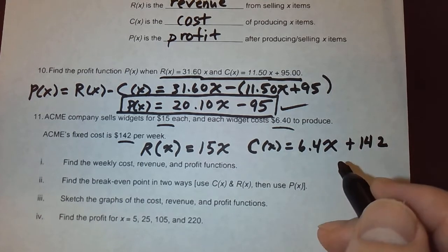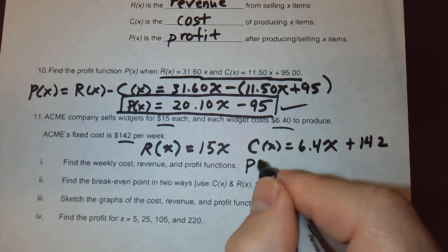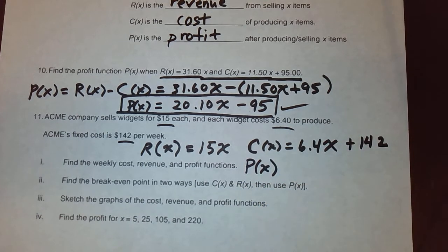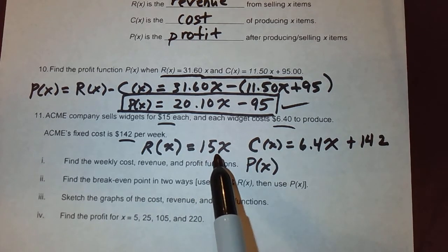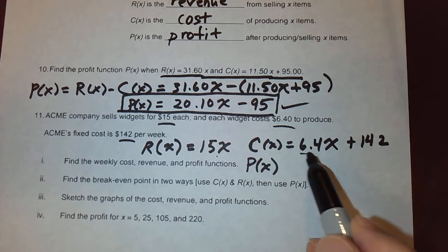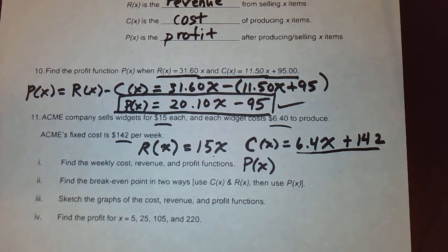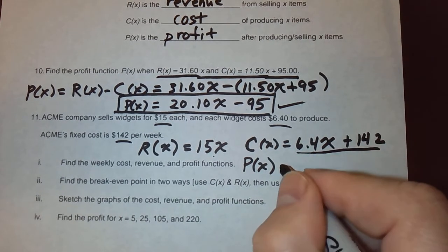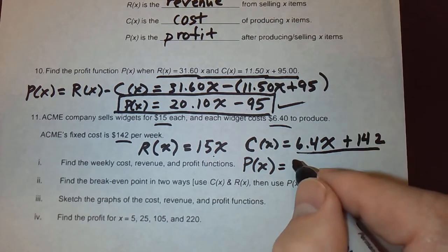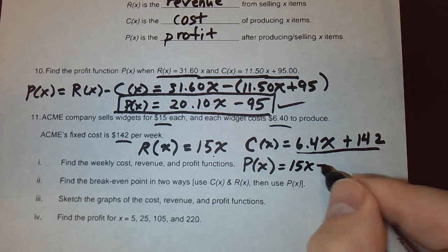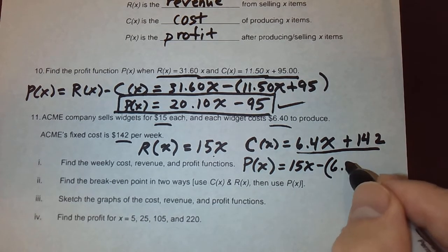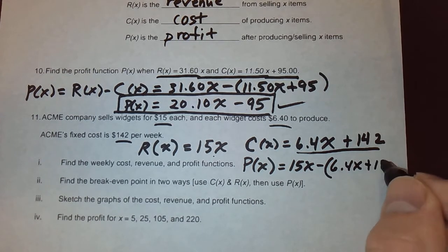And the last function we have to do is the profit function, which is 15x minus, in parentheses, this whole amount right here. So maybe I'll write that out. 15x minus 6.4x plus 142.